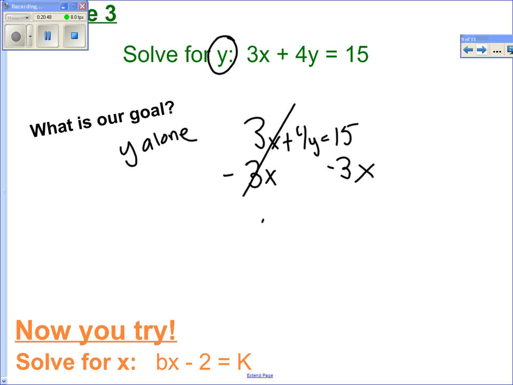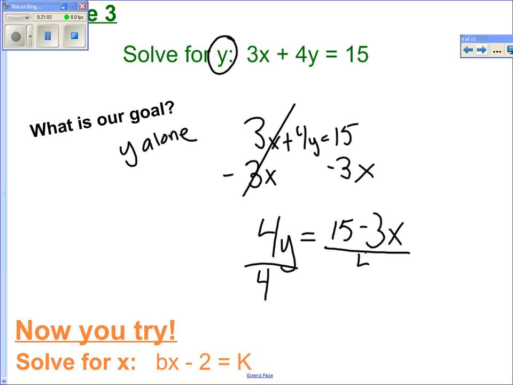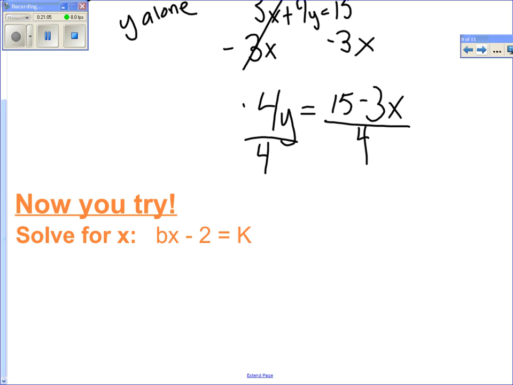These are going to cancel. I'm going to be left with 4y on the left side. And I'm going to have, again, 15 minus 3x. Because I cannot combine them, I'm going to write them in a line. And then the last one would be to divide everything by 4. And I can actually write my answer just as y is equal to 15 minus 3x divided by 4.